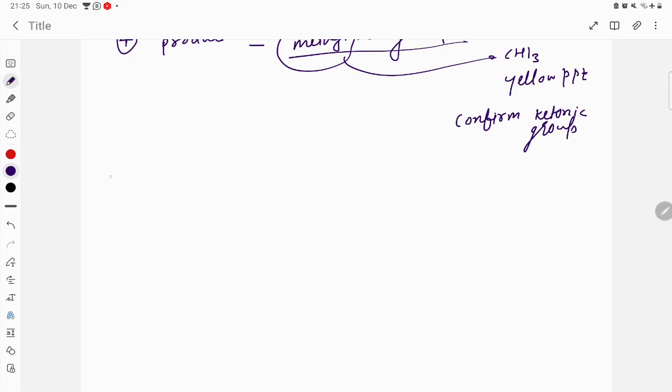Here we have R, C double bond O, and CH3. You treat it with I2 plus NaOH, or you can take NaOI according to NCERT. What product do you get in this case?